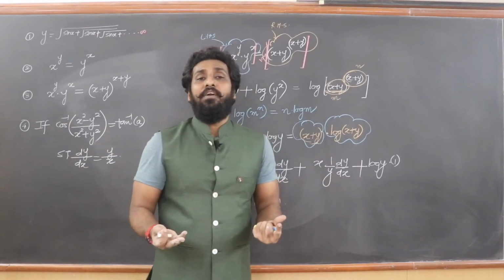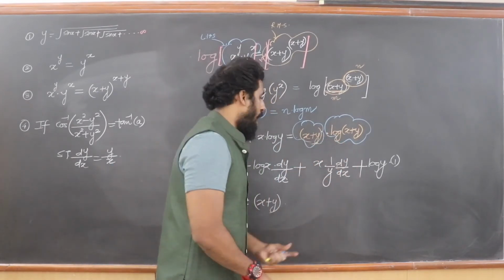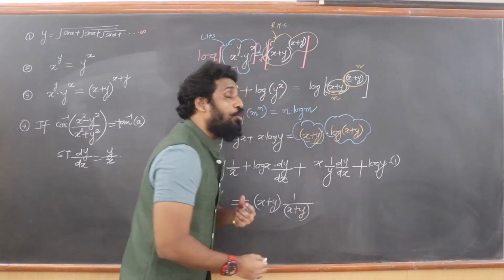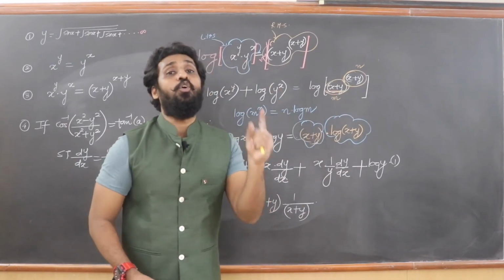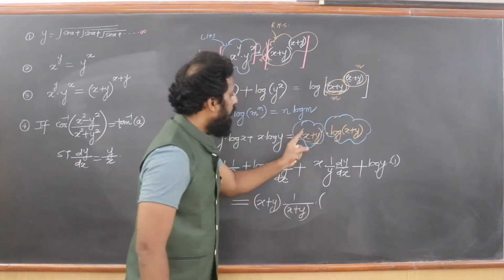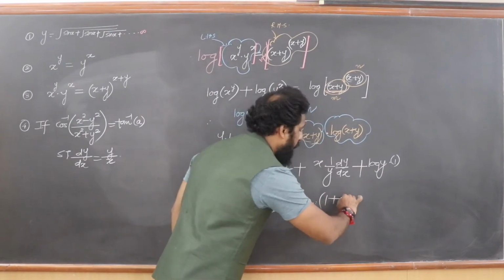So what is derivative of log x? It is 1 upon x. So what could be derivative of log of x plus y? It will be 1 upon x plus y. But it is not x. It is something in x. So that something in x should again be differentiated with respect to x. So again put a bracket. So we have x plus y. Let's differentiate it. So derivative of x is 1, isn't it?